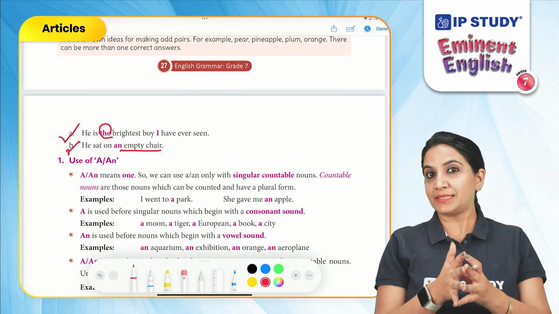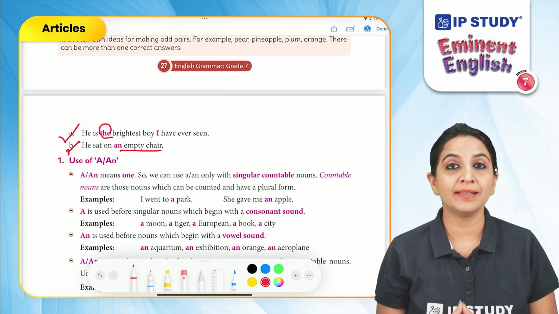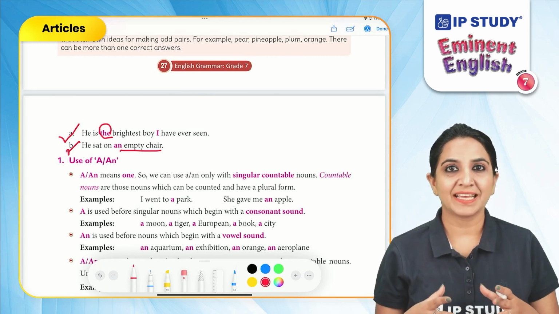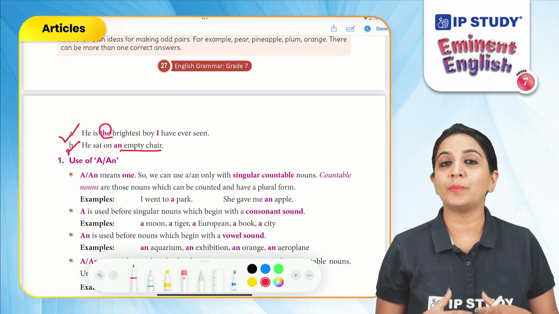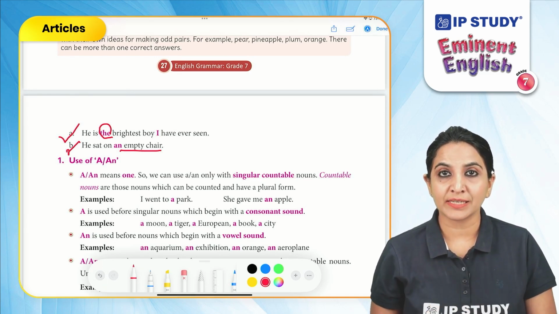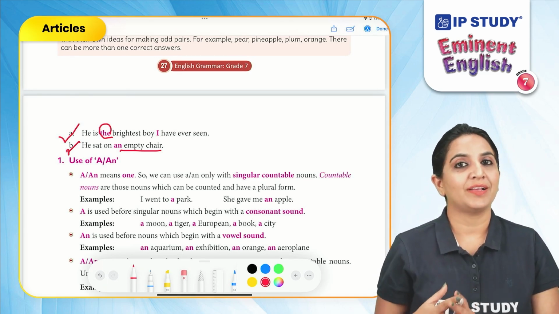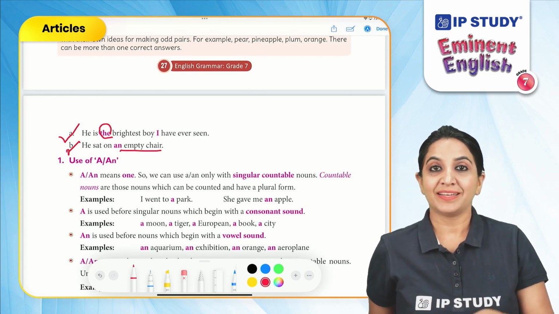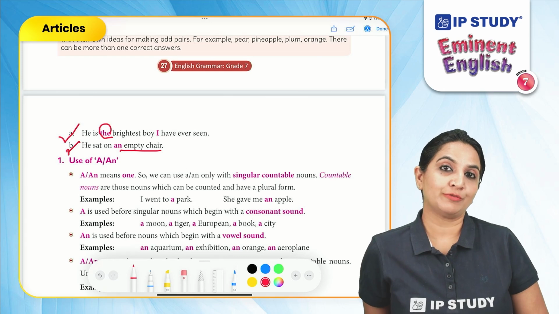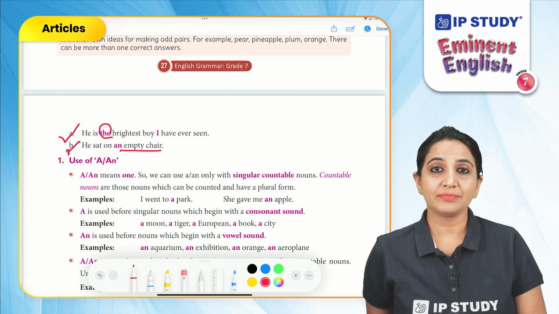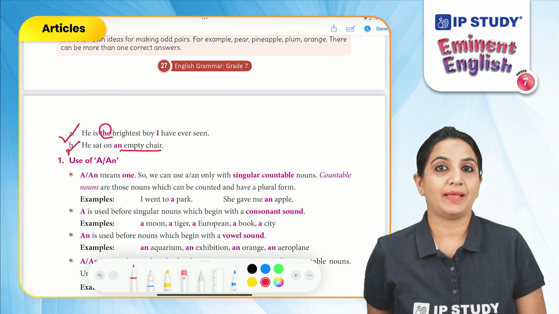So if a sentence has only a noun, then you will use the article before the noun. But if a noun has an adverb or an adjective, then you will use the article before the adverb or the adjective. Now, as I told you in the beginning of the chapter, there are three types of articles: article a, an, and the.